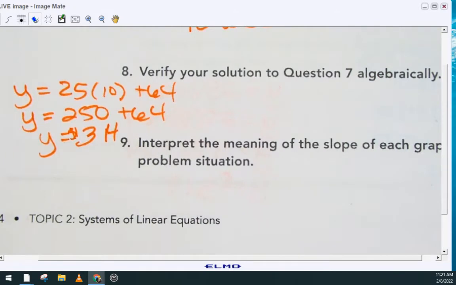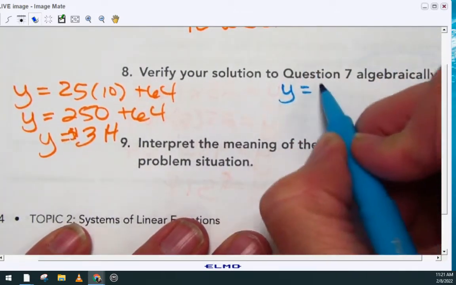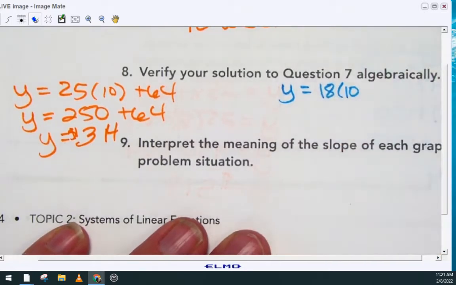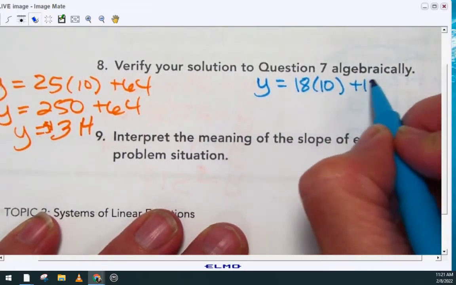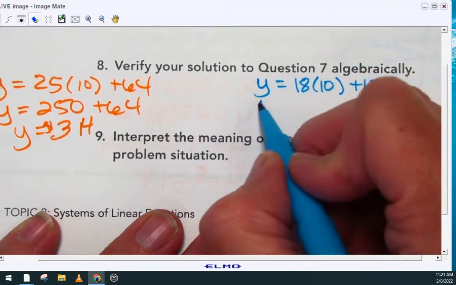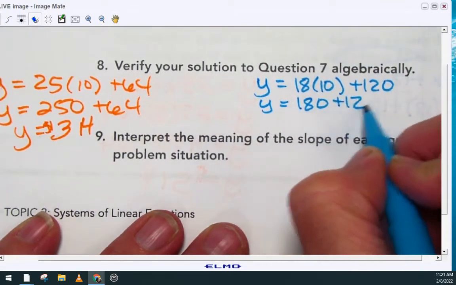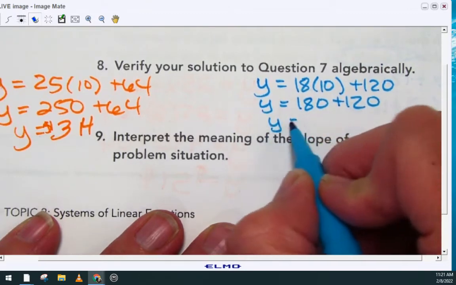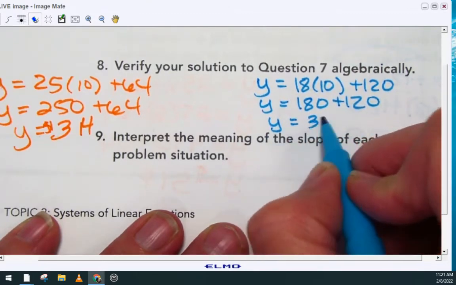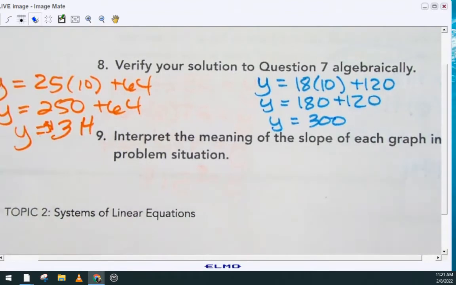I think so. Let's look at Colleen's. Hers was 18 times 10 plus 120. So that would be 180 plus 120, and that's going to get 300. Oh, so we're a little bit off.